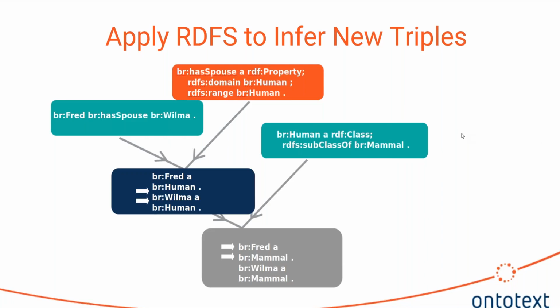Therefore, we can infer that anyone who has entered matrimony is a human. Also, humans are mammals, so anyone who has married is a mammal as well. Therefore, Fred and Wilma are mammals. You can continue chaining this inference even further, explain that mammals are animals, and animals are a type of object, they're a living thing, etc., etc., etc.